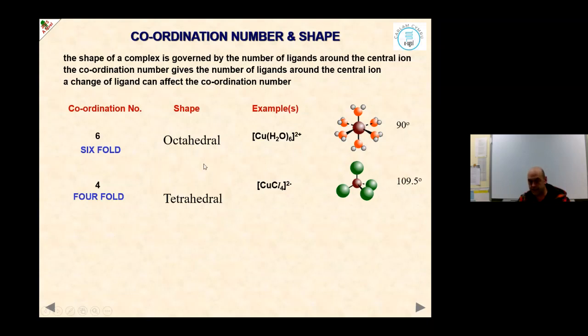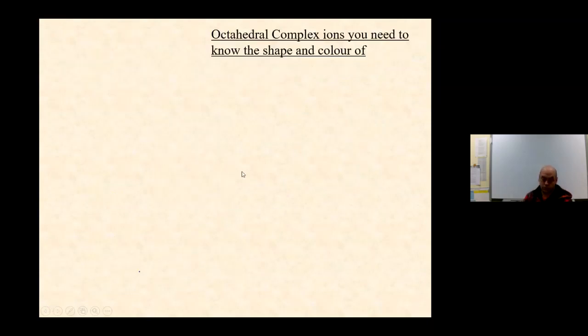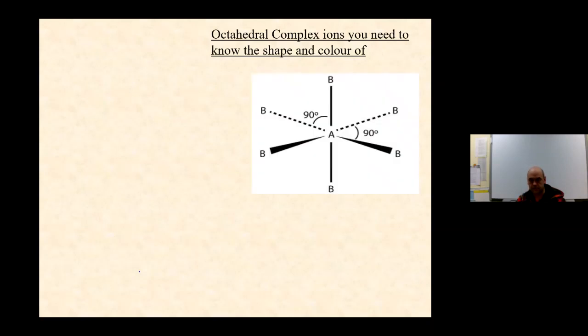So we'll look now at the actual complexes or complex ions that you need to know for your syllabus. There's lots of transition metal ions, lots of complex ions, but you need to check your syllabus, make sure that you know which ions you need to know the colour and shape of. So if we have a quick look, this is obviously our octahedral shape.